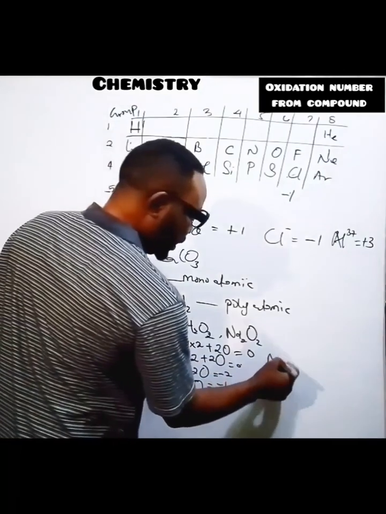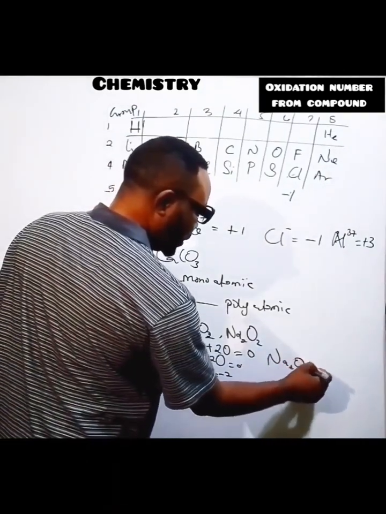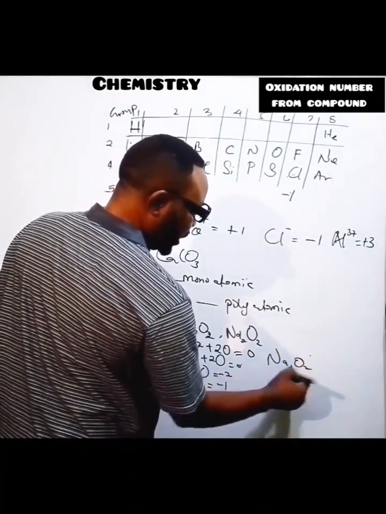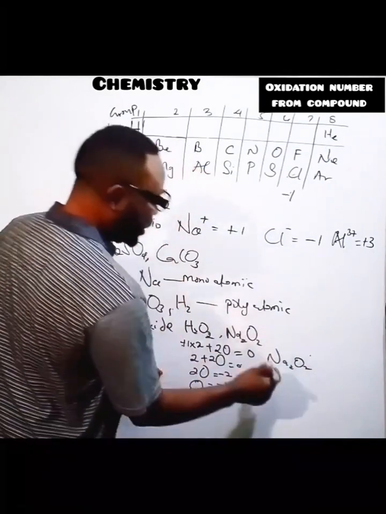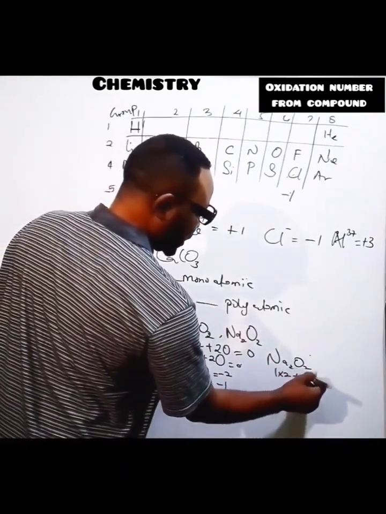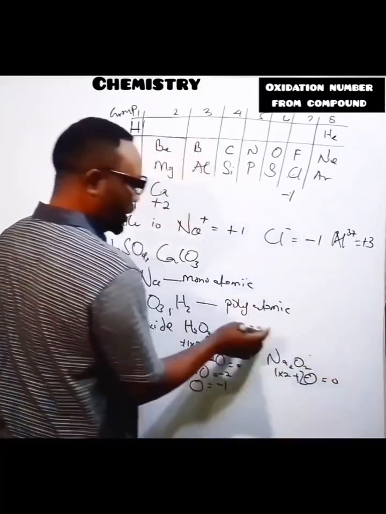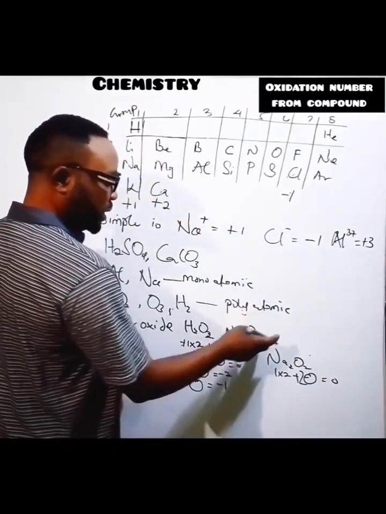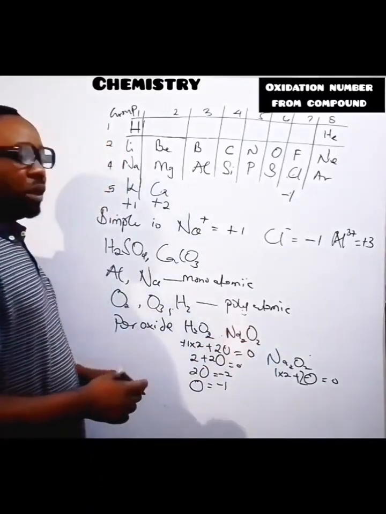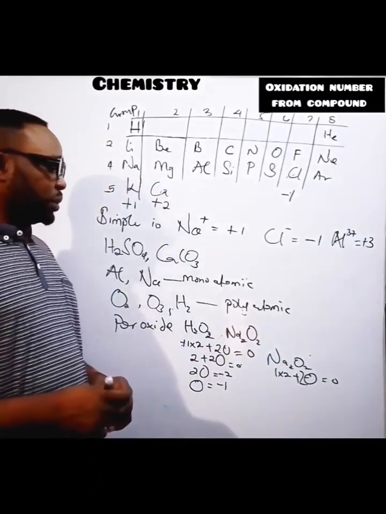Now, in Na2O2 as well, I want to check the oxidation number of oxygen. Sodium is found in group 1, so that's 1 times 2, plus 2 oxygen, is equal to 0. This is a compound, and when you add the oxidation numbers together, they always equal 0.